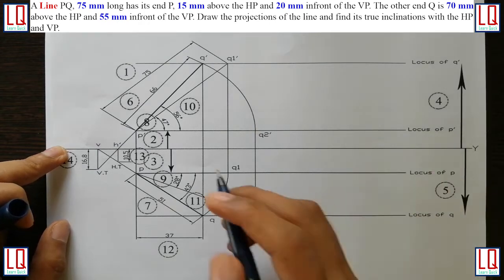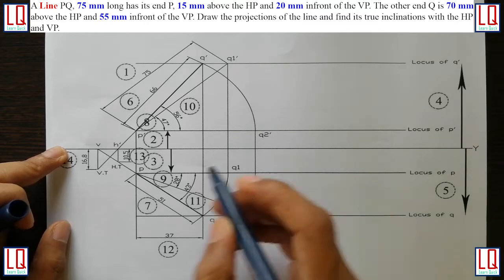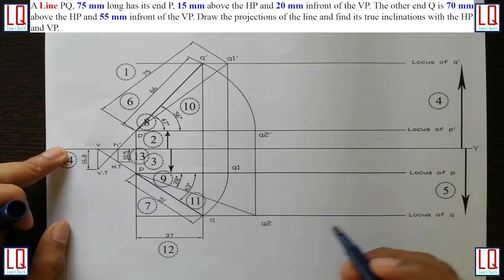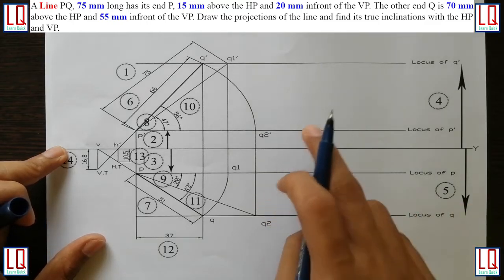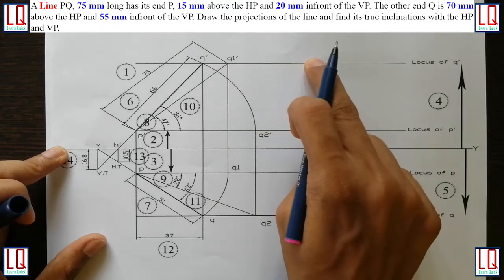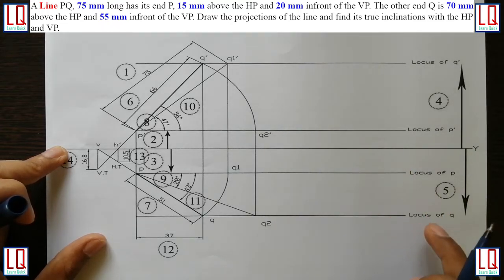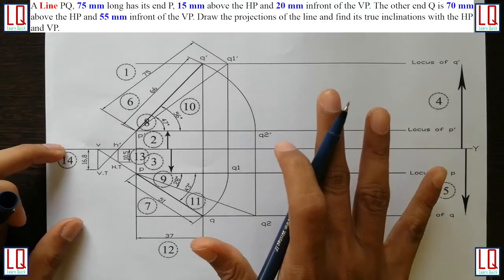And the data number 3 is the distance between the locus of P and the XY line, from here to here. Next, the data number 4 is the distance of locus of Q dash from your XY line. Similarly, the distance of locus of Q from XY line is also given. So totally 5 data have been given.